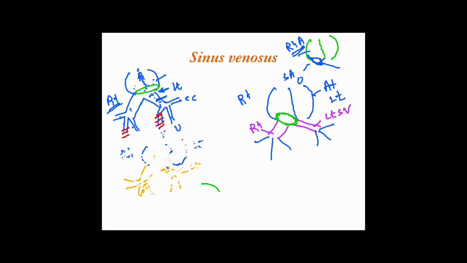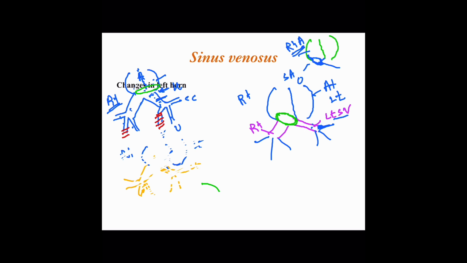Now I want you to understand what they form. The left horn of the sinus venosus with the duct of Cuvier, this is the common cardinal vein, called the duct of Cuvier, will ultimately form the coronary sinus.